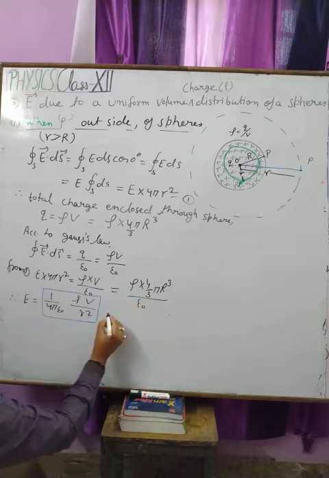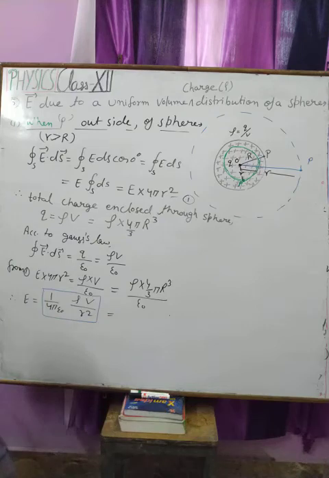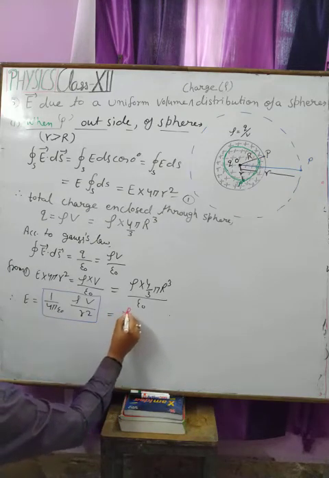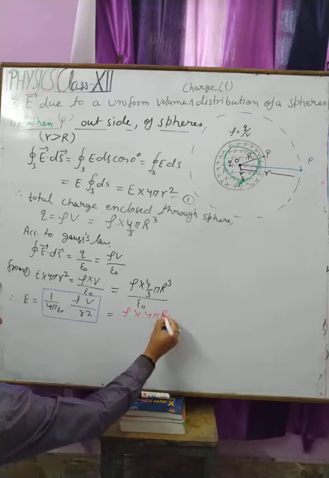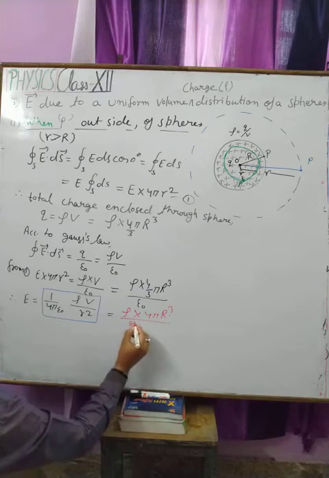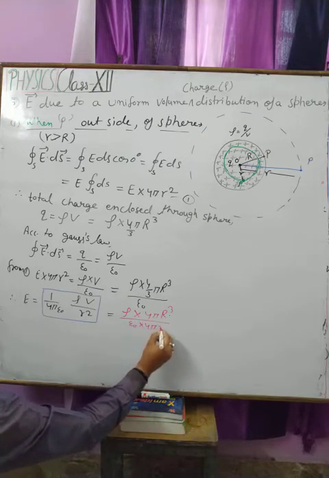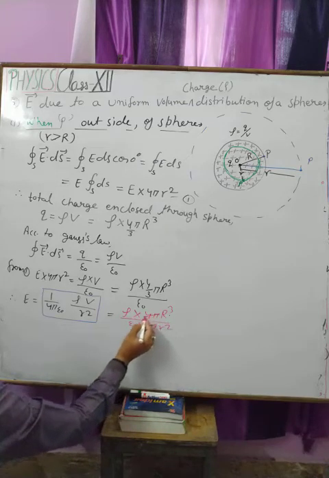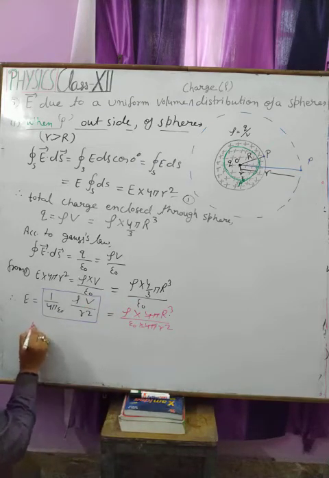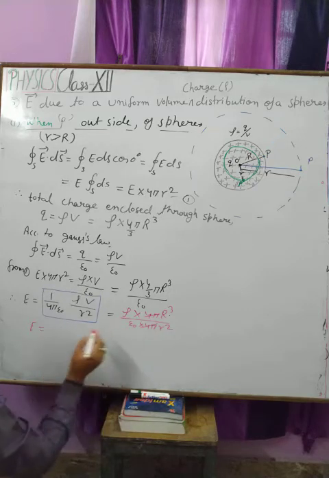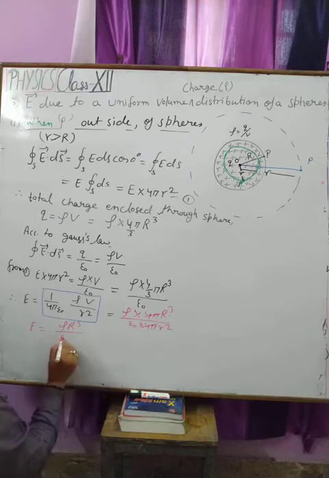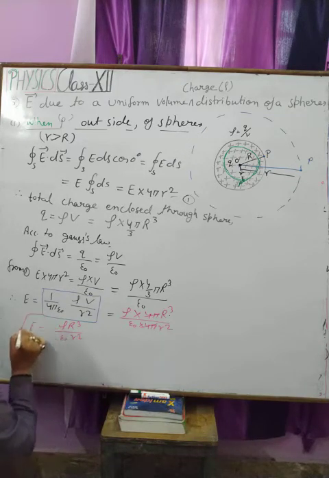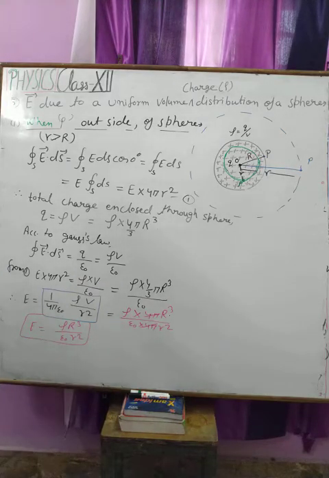And then you have the value rho into 4 by 3 pi r cube upon epsilon naught into 4 pi r square. So students, you are finding this will cancel, so this E is equal to rho r cube upon 3 epsilon naught r square. This is the second result of electric field outside the sphere.